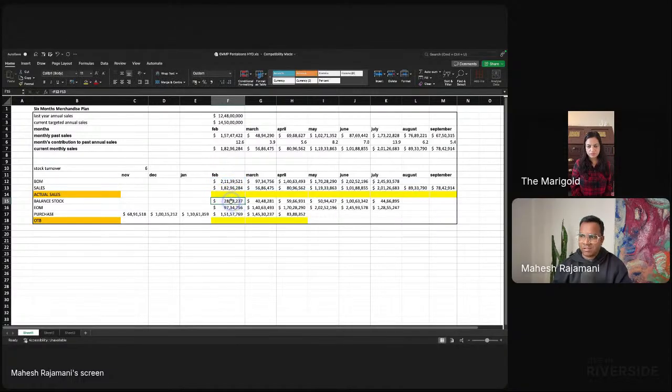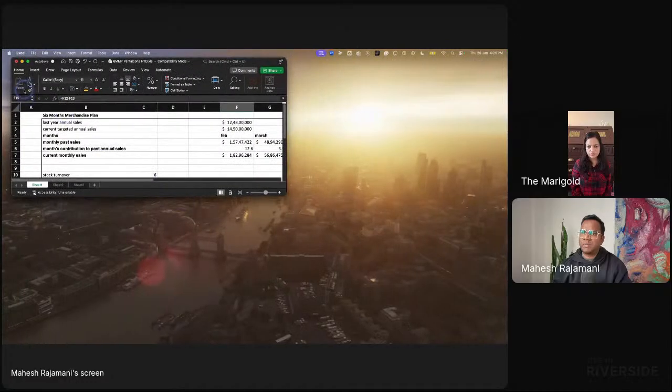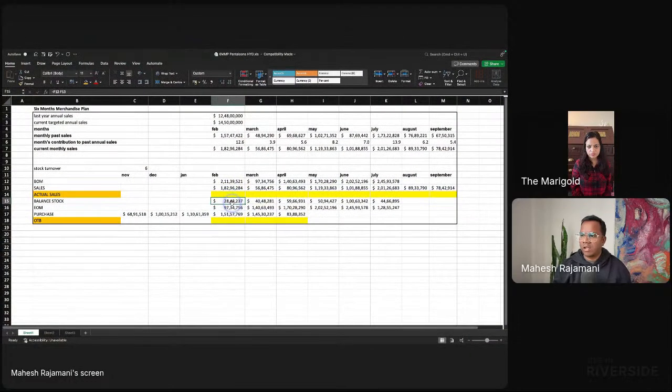Ideally speaking, the cover of the balance stock is only half of the month, because we've taken the opening of the month as 1.5 months, and then the sale has happened. Then the balance stock will be half of this month only, which is 56 million, so 56 million divided by 2 is 28 million.